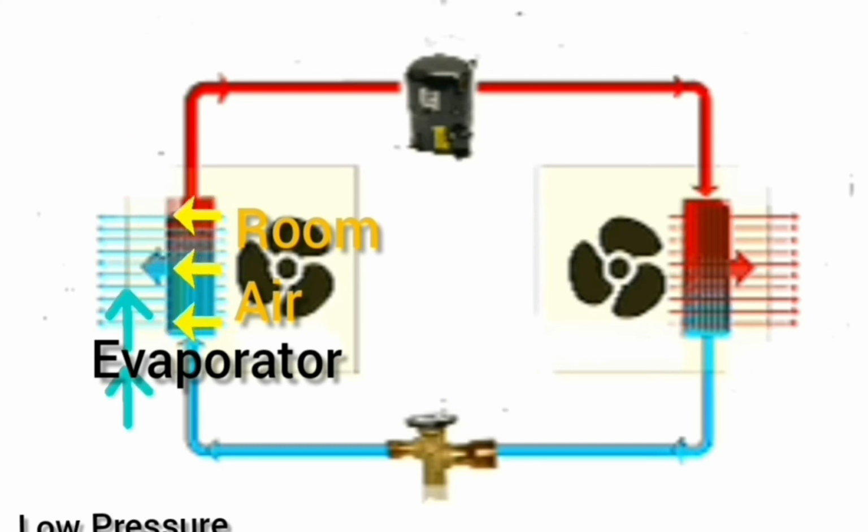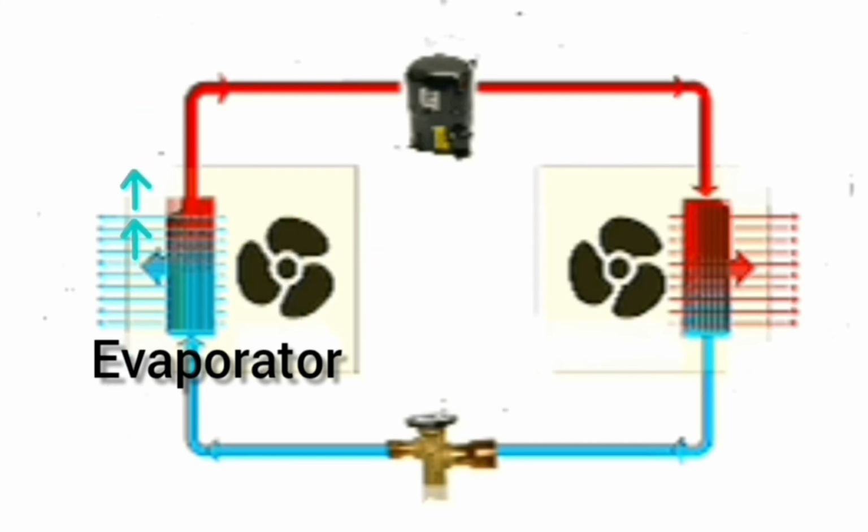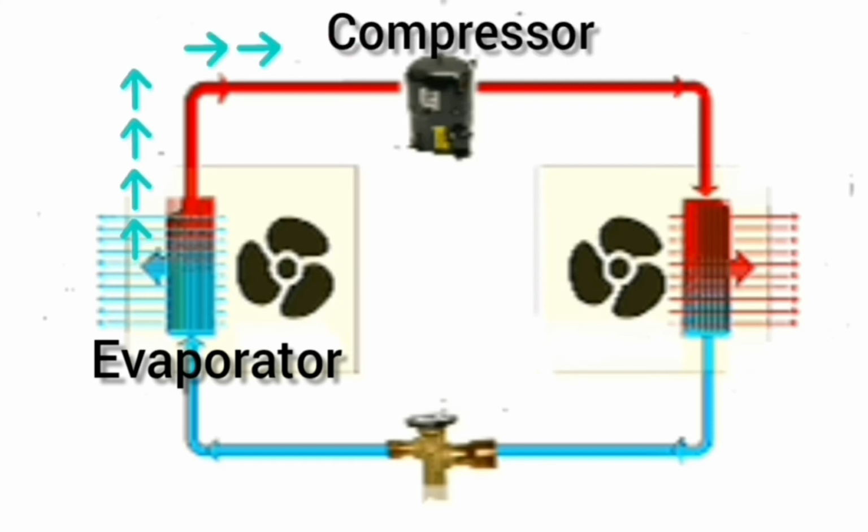Also, since heat is taken from room air, it will result in cooler room air and cooler temperature inside the room. Out of evaporator, we will now have low pressure, low temperature, 100% gas refrigerant, and the cycle repeats itself.